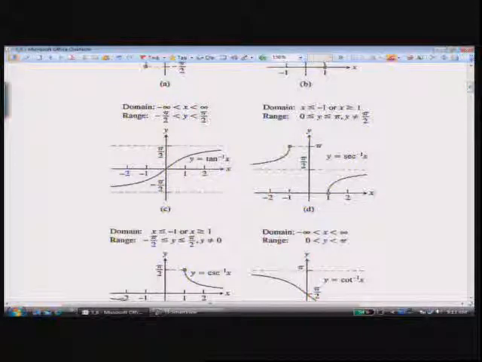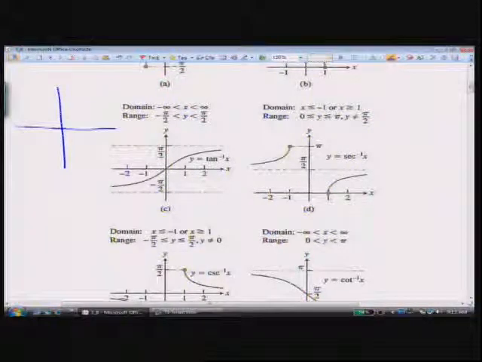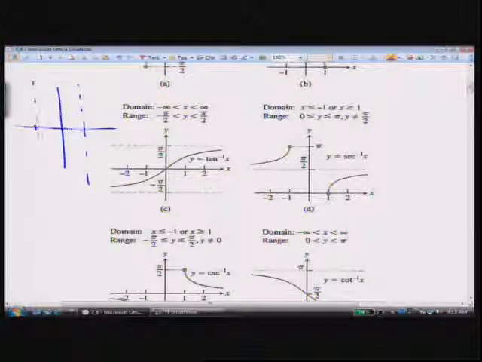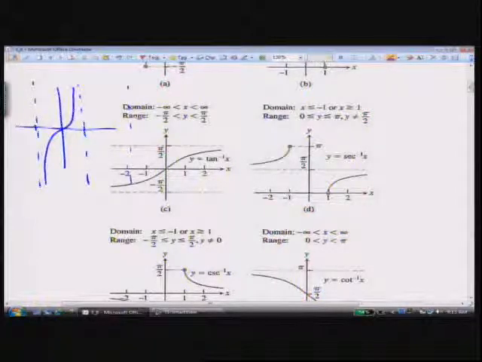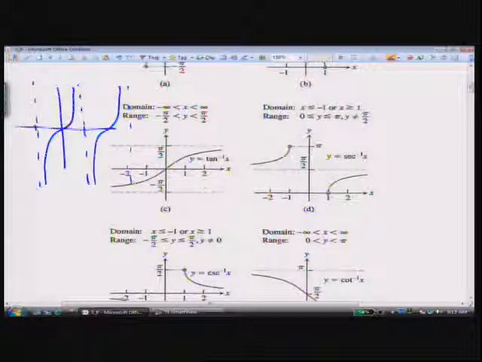Do you remember the tangent function? It has asymptotes. It looks like this, and it has a bunch of asymptotes. It repeats. The domain of the tangent function is undefined at odd multiples of pi/2, like pi/2 and 3 pi/2.